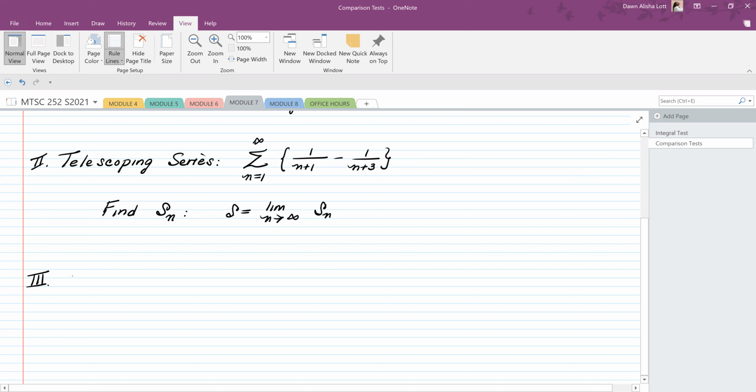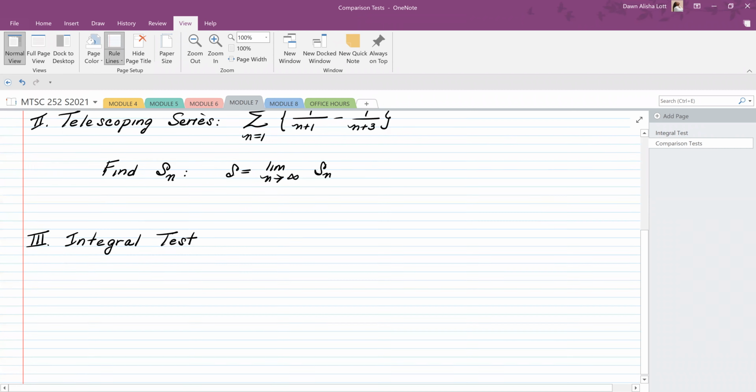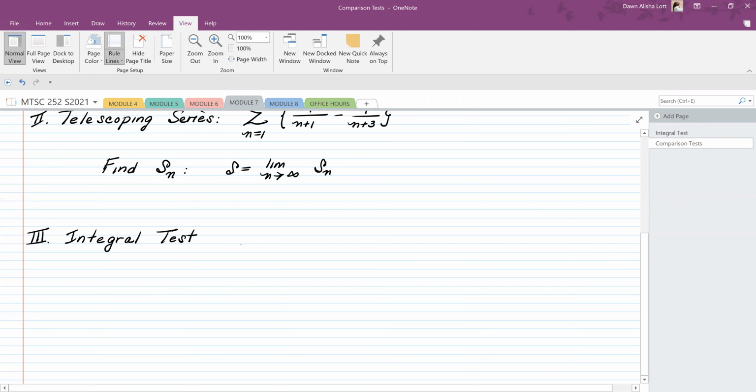Then we looked at the integral test. There were some specific conditions there. The function a_n we wrote as f of n. We said f of x was continuous and decreasing.